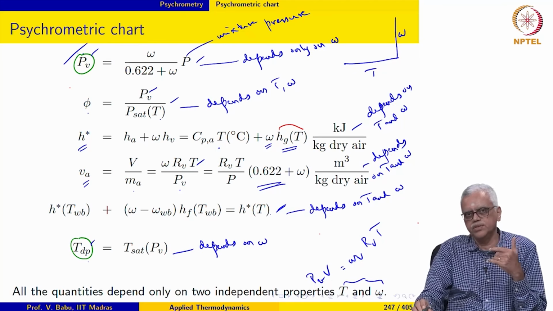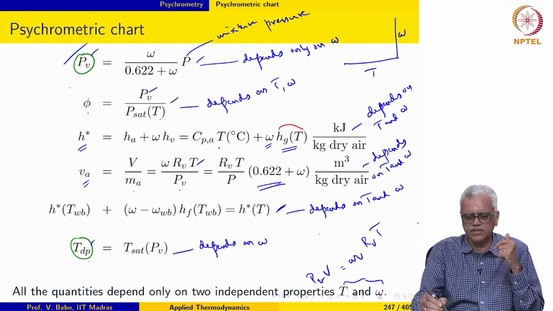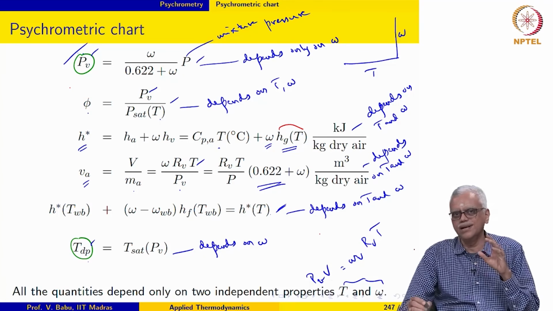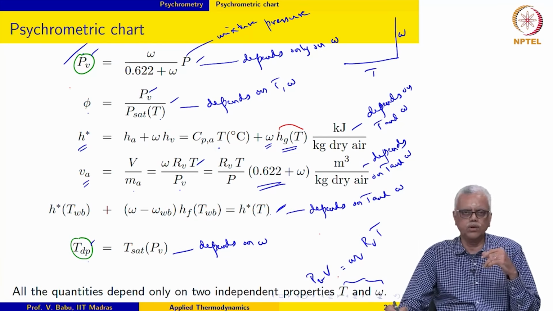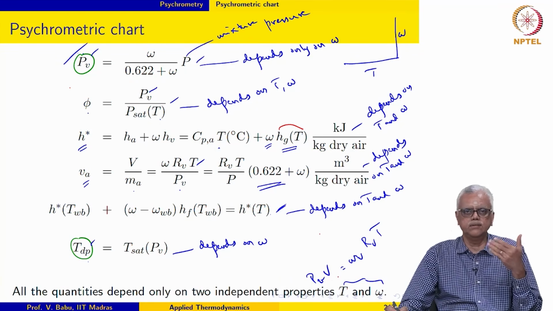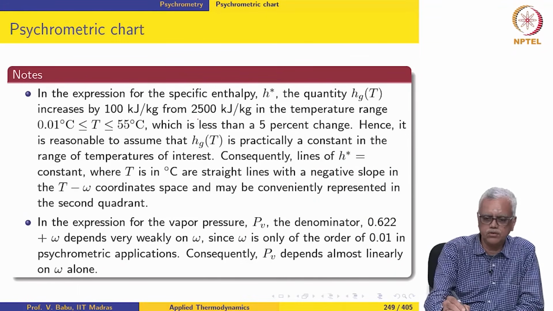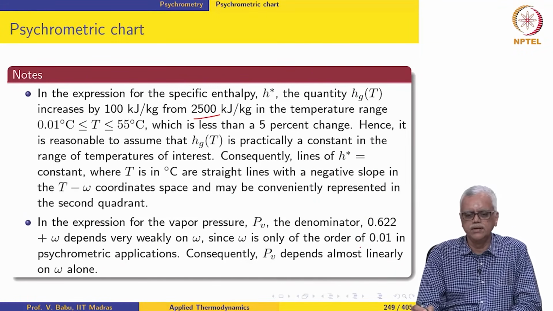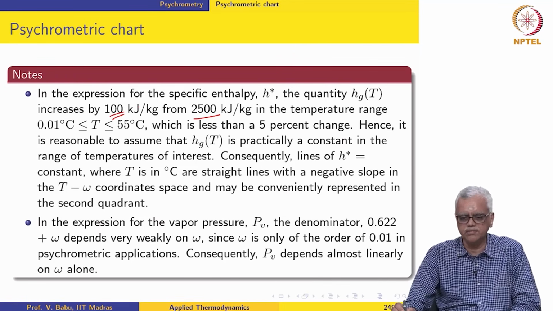So, for the range of temperature that we are likely to encounter in psychrometric application, Hg varies very little, only by about 100 kilojoules per kilogram or so out of a total of, I am sorry, out of 2500 kilojoule per kg, which is less than a 5% variation.